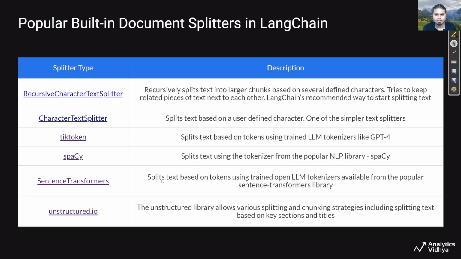Sentence transformers is also another popular library, so you can split text based on tokens using trained open large language model tokenizers available from the sentence transformers library. And of course, as we have seen in the previous videos also, you can use unstructured.io. The unstructured library allows for various splitting and chunking strategies, including splitting text based on characters, key sections, titles, and so on.